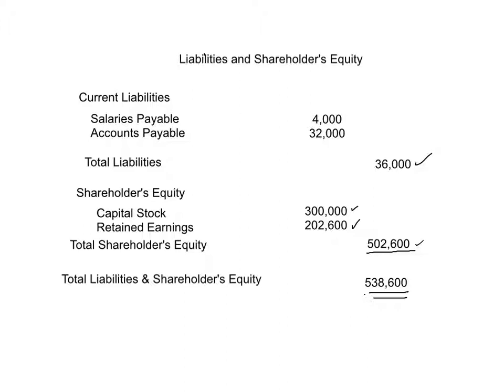So now we have prepared the financial statements in good form to be published so that people outside the business will be able to read them and understand them and know what's gone on in the business for the month of June. And that completes the preparation of the financial statements.